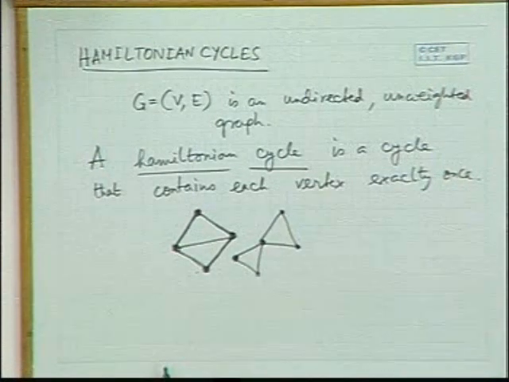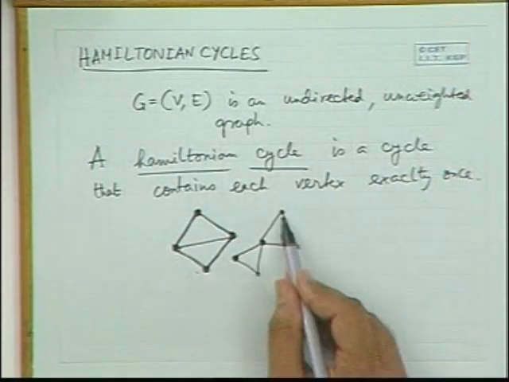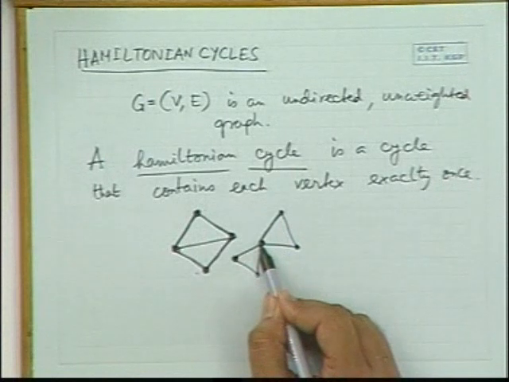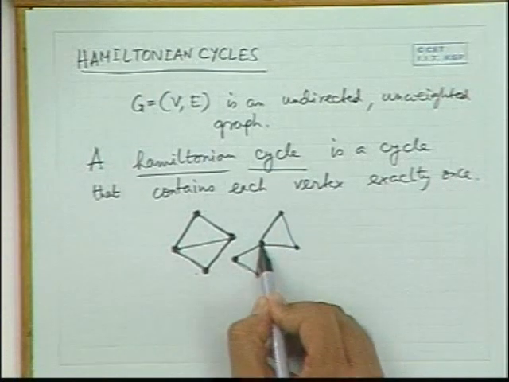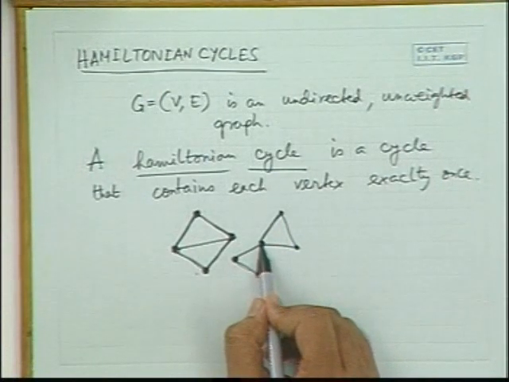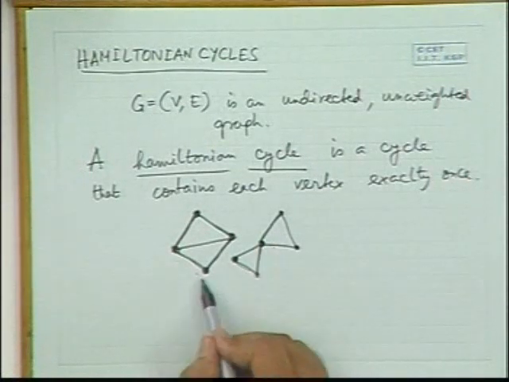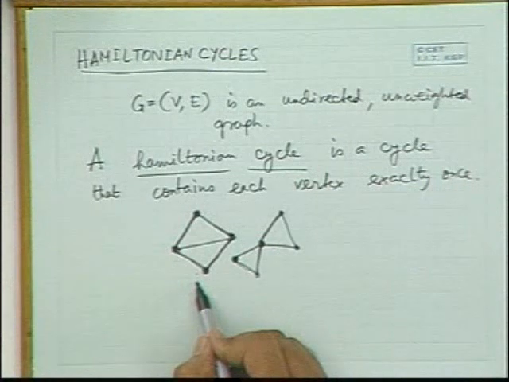This graph does not have a Hamiltonian cycle, because if you want to have all the vertices exactly once, you have to pass through this vertex at least twice. So it does not have a Hamiltonian cycle, but this graph has a Hamiltonian cycle.